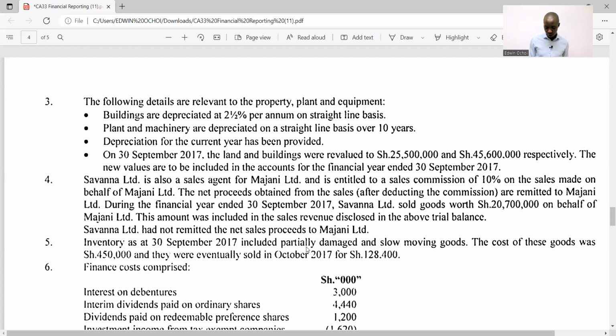When you are given the cost and the net realizable value, you compare the two and take the lower. That is according to IAS 2.